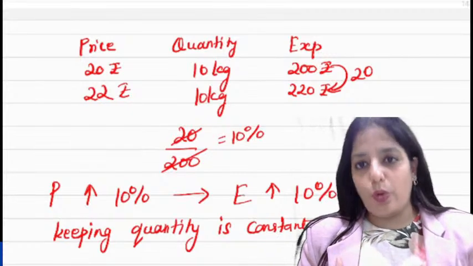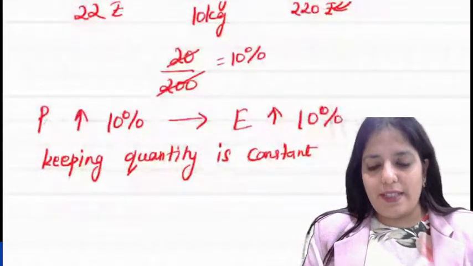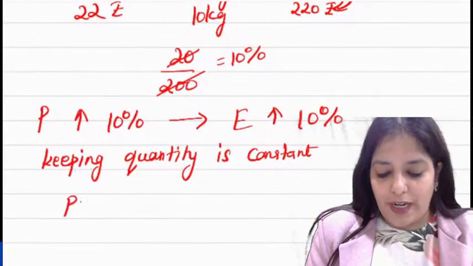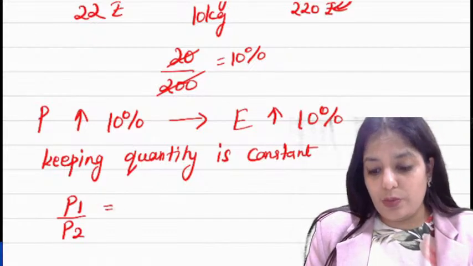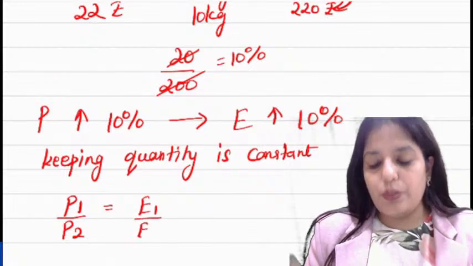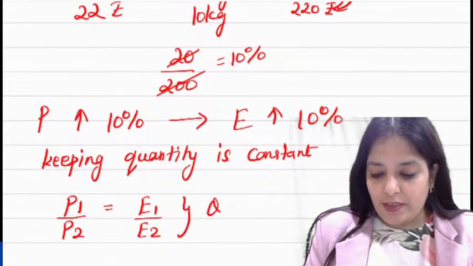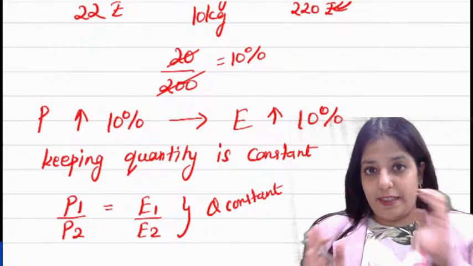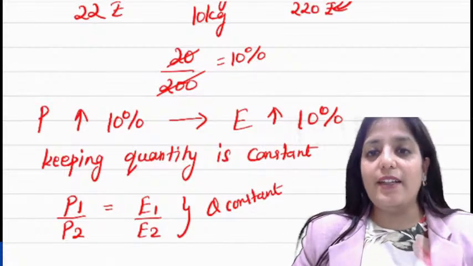From this we can say that the ratio of old price and new price is always equal to the ratio of old expenditure to new expenditure when quantity is constant. So both are directly related. Who both? We are talking about price and expenditure.